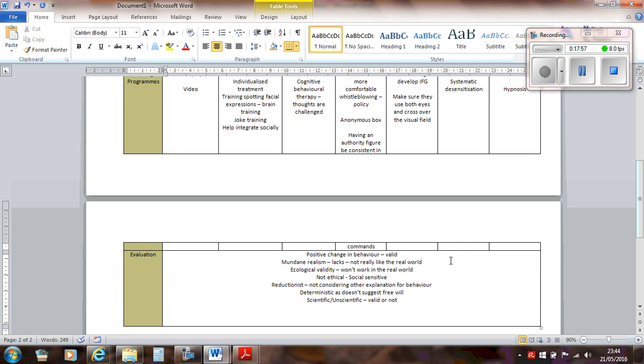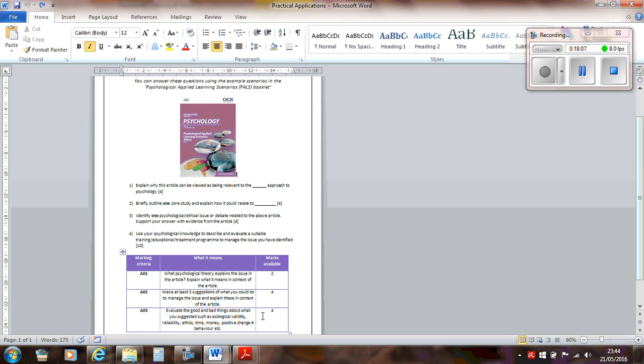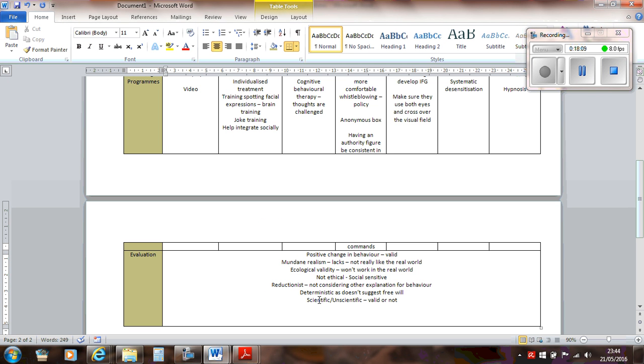Does it not work? You only actually need maybe 2 strengths and 2 weaknesses at the most. You're only getting, is it 4? Yeah, you're only getting 4 AO3s. So really, it's only 4 comments that you need to make, and they don't even need to be in that much detail. Or you could do 3 really good ones, if you run out of time.